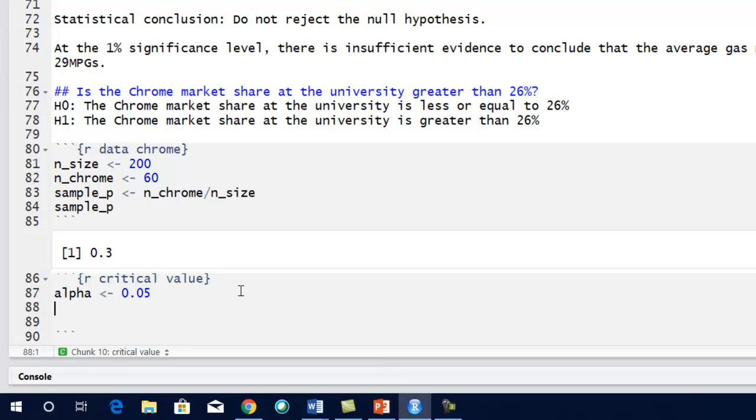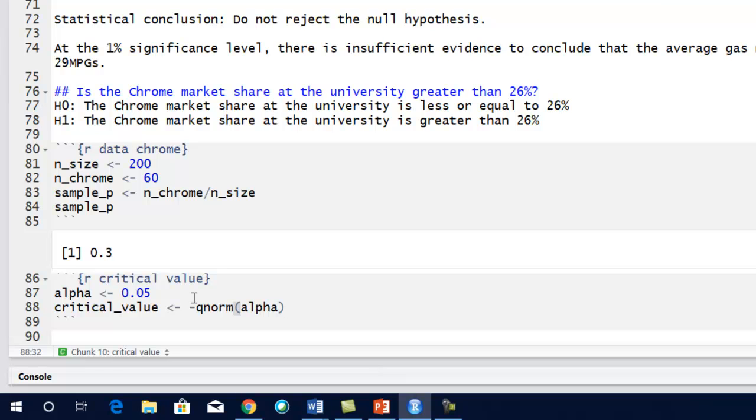This is a one-tailed test. It's in fact an upper tail test, because here it says greater. So I'm going to have a positive critical value. I'm going to use qnorm, because I just said I'm going to use the z-test. I write just alpha there, with the upper tail, and I have the critical value.